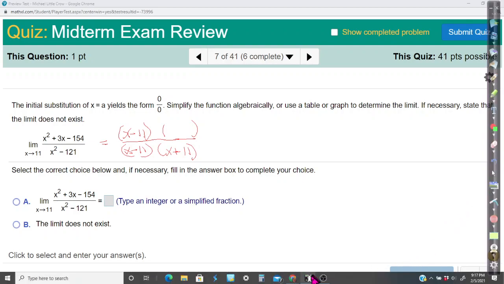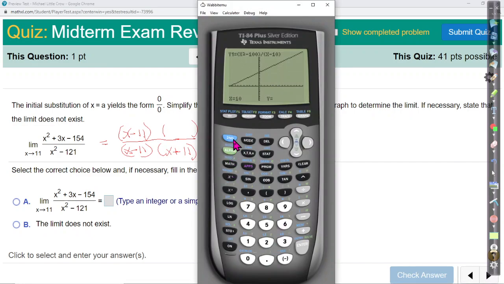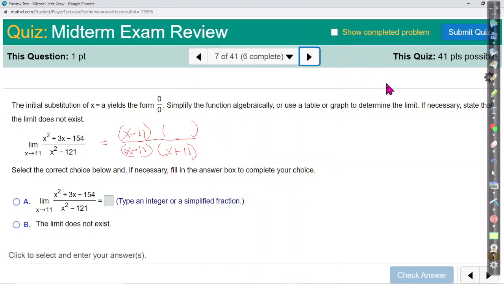I probably should know. I mean, but it's beyond my immediate reach to know those kind of the powers of 11. I'm going to guess, what is 13 or 14? 14. I was in the ballpark. 14. So this must be x plus 14. And again, what I could have done is I know that I end up with a plus 3, so it has to be 3 bigger than 11, and it'd have to be positive. So this works. You get your negative 154, you get a plus 3x in the middle.